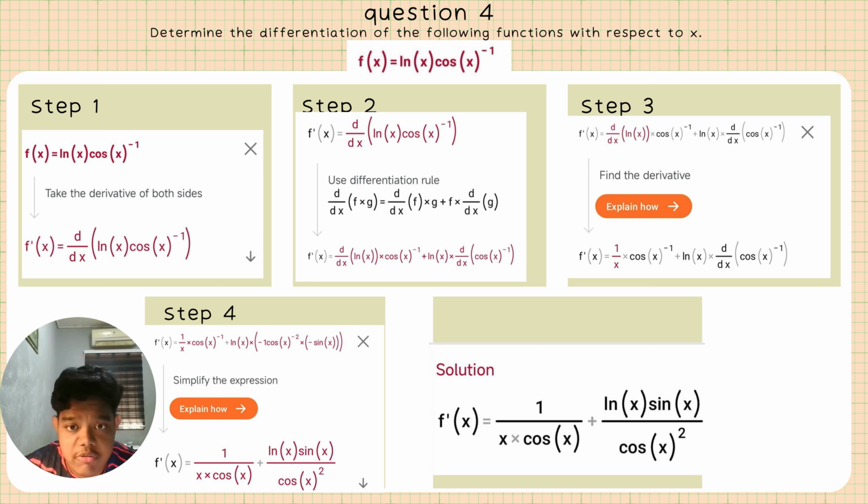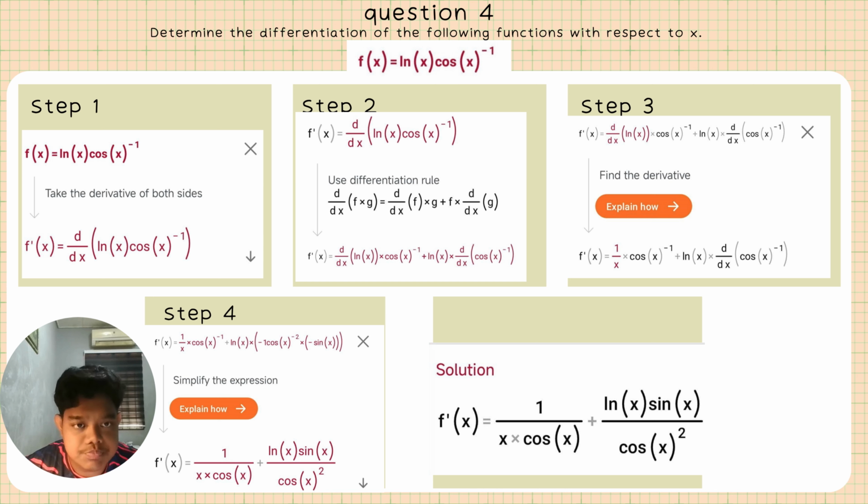So we will get f prime x equal to d per dx, bracket of ln x and multiple by cos x power of negative 1 plus ln x multiple by d per dx, bracket of cos x power of negative 1.